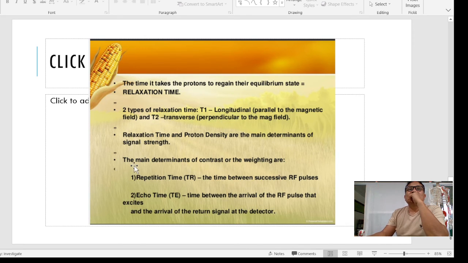Okay. So, na siya relaxation time. So, muna siya imong T1. Then, the T2, transverse, ng magnetic field. And ang T1, longitudinal na siya. No?